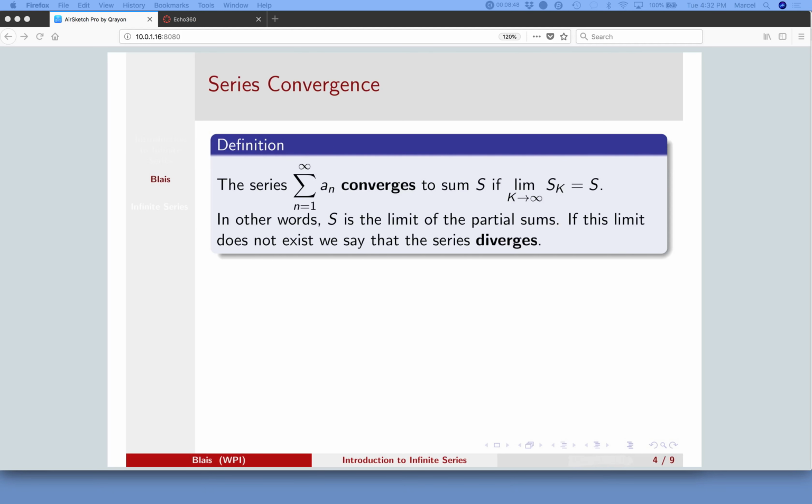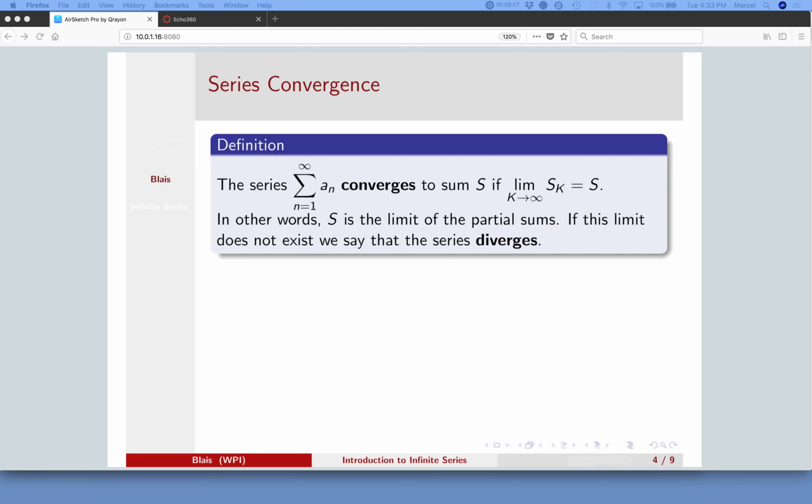Our series, sum from n equals 1 to infinity of a sub n, converges to the value s if the limit as k goes to infinity of s sub k equals s. So the sum of the series s is equal to the limit of the partial sums. If the limit doesn't exist, we say the series diverges.